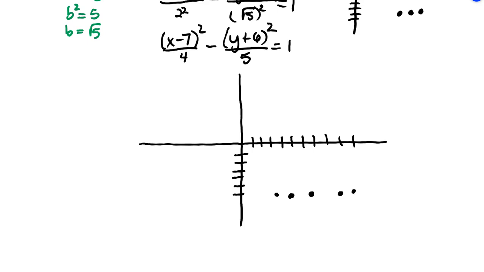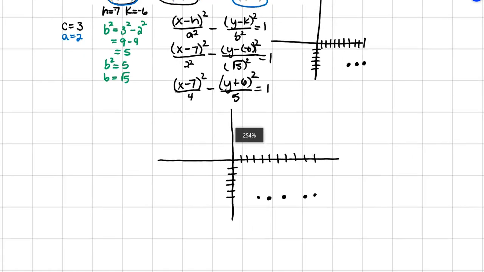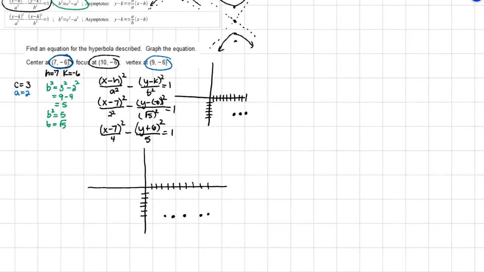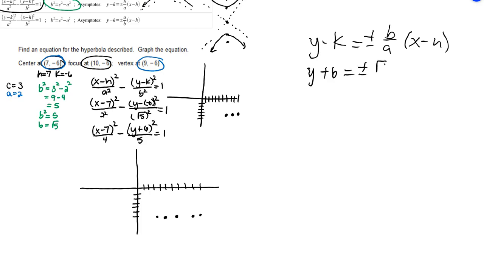Then let me show you the equation of the asymptote again. The equation of the asymptote would be y minus k equals plus or minus b over a times (x minus h). So for this example, that would be y plus 6 equals plus or minus the square root of 5 over 4 times (x minus 7).